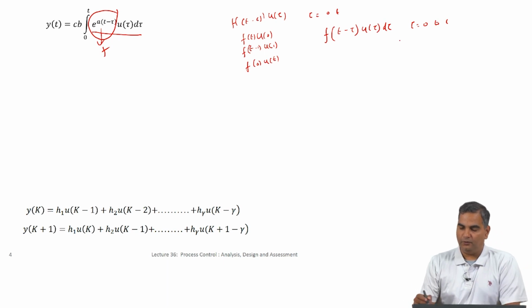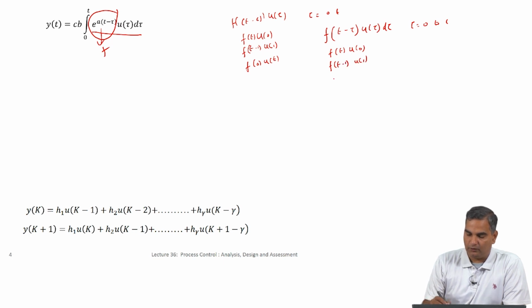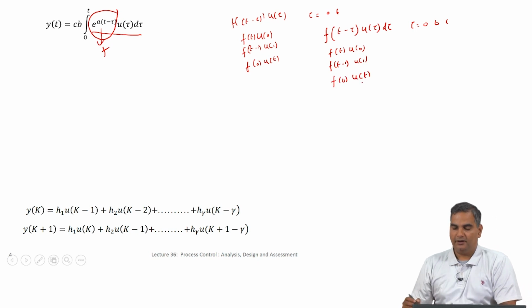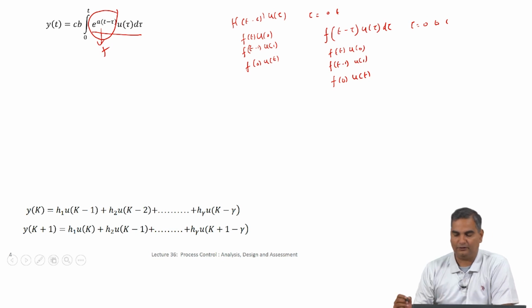If I take tau equal to 0, I get f of t multiplied by u of 0. If I take tau equal to 1, I get f of t minus 1 times u of 1, and if I take tau equal to t, I get f of 0 times u of t. So, in other words, as tau keeps increasing, the argument of f keeps going down.